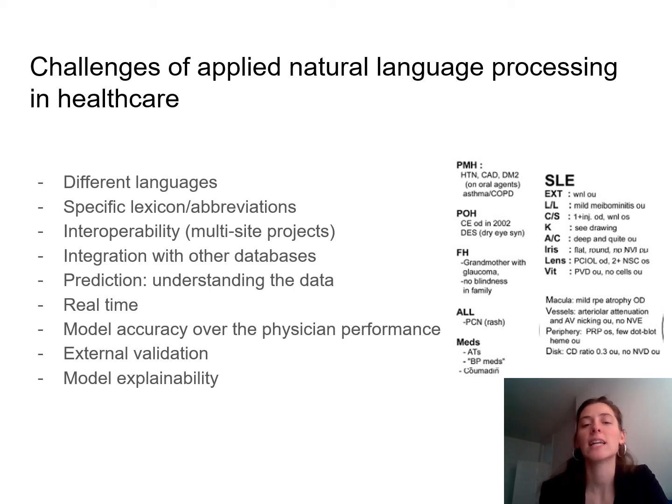In the case of a clinical decision support system, ideally it has to be done in real time, to be able to analyze the data in real time. And the model accuracy objective shouldn't always be 100%.